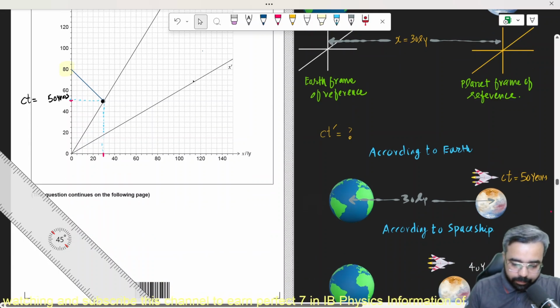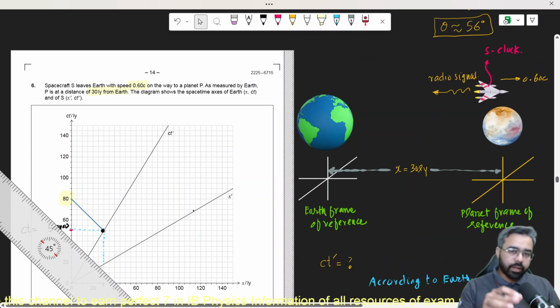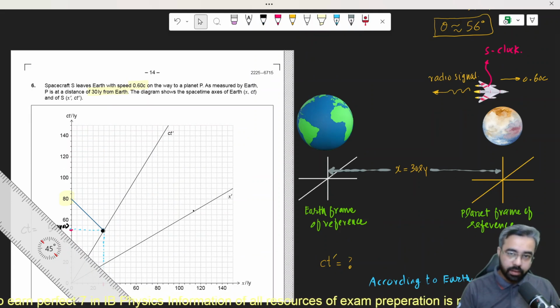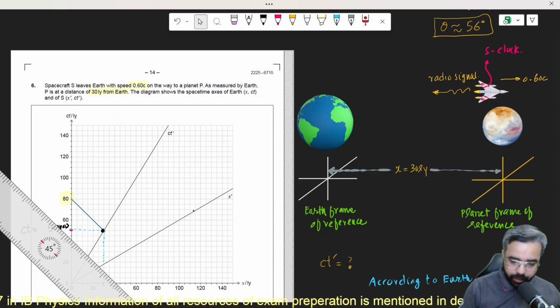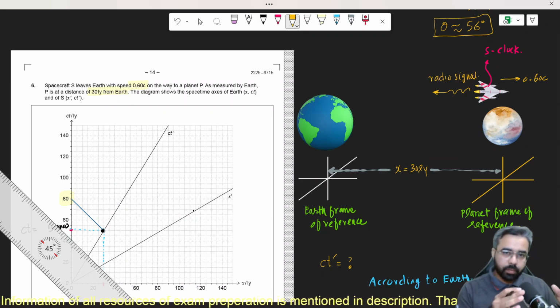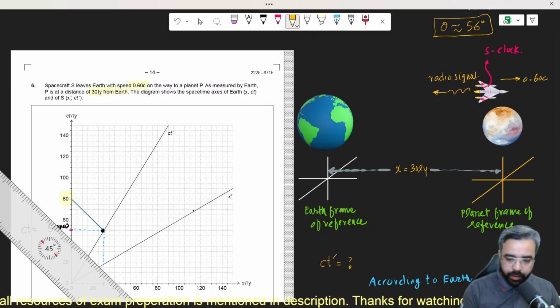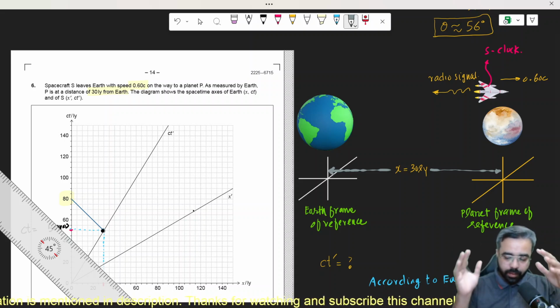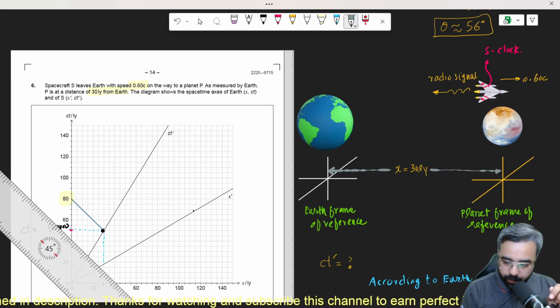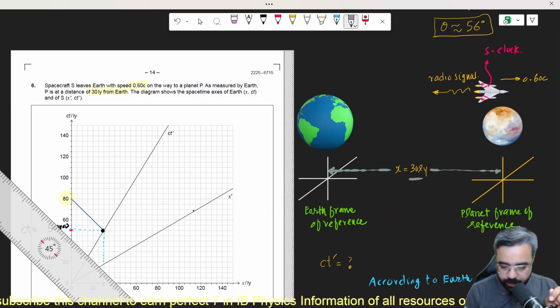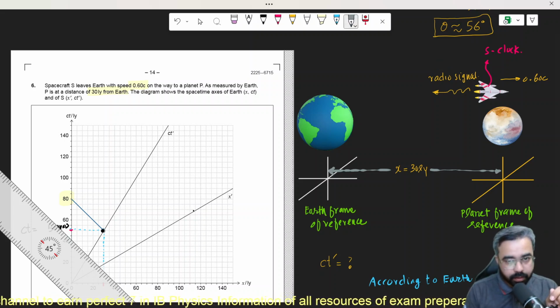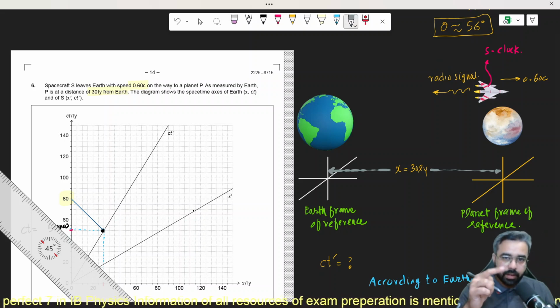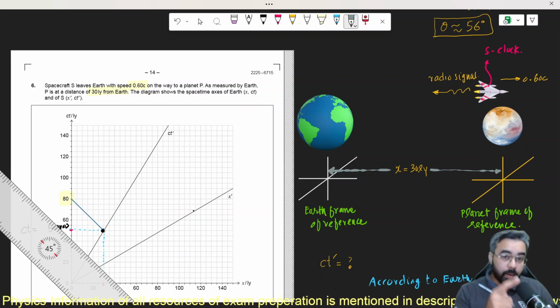If you're wondering why it is taking 80 years according to the Earth, you already know that the spaceship was moving at 60% of the speed of light, so it took 50 years, right? That's one thing. Now this is a light signal traveling with the speed of light, so obviously it will cover that distance of 30 light years in 30 years. So 50 plus 30 is a total of 80 years according to the Earth, right?